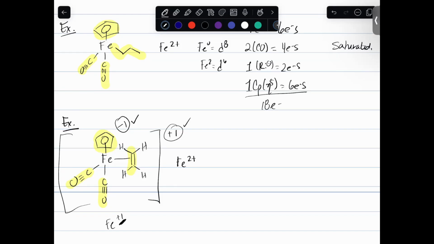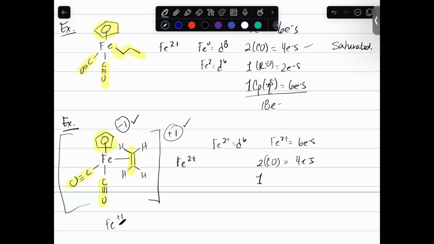So just like before in our previous example, in this case, we have d6 electrons. If we have d6 electrons, each carbon monoxide is contributing 2 electrons, just like before, 4 electrons.